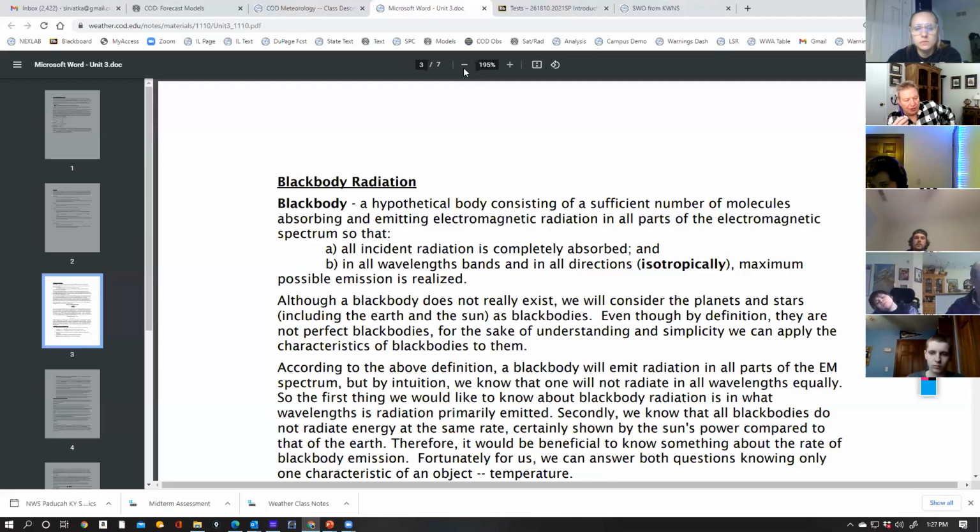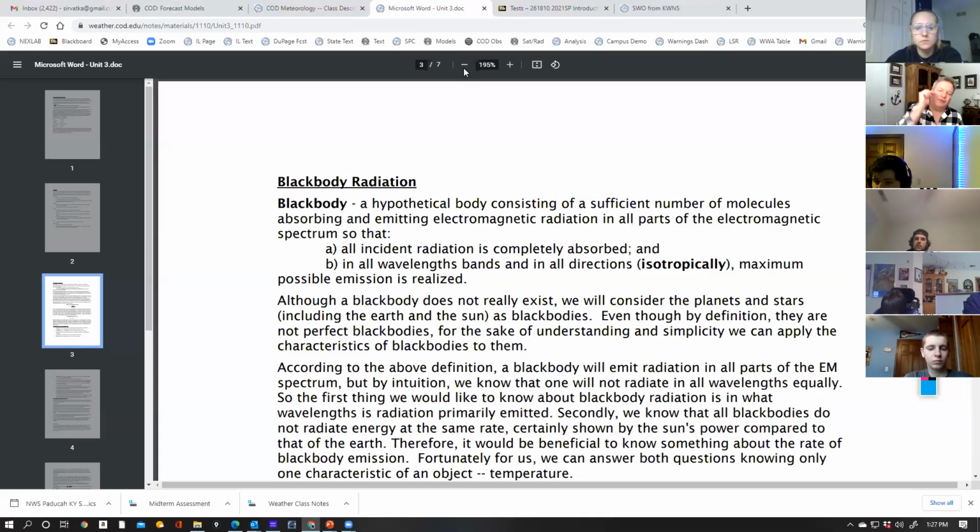Okay, so it's the molecules that are doing the thing that we care about, and that is to absorb and emit electromagnetic radiation. So even though we say that the Earth is a black body, what we're really saying is that it's the molecules on the Earth that are doing the absorption and the emission. It's not the whole object. It is the molecules actually doing the work.